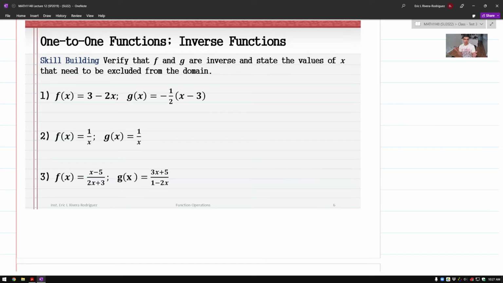If we don't get the input back from the composition, if we get the input back in just one direction and not in the other, that means that they are not inverse to each other. To be inverse to each other, both directions of the compositions of the two functions need to give us back the input.